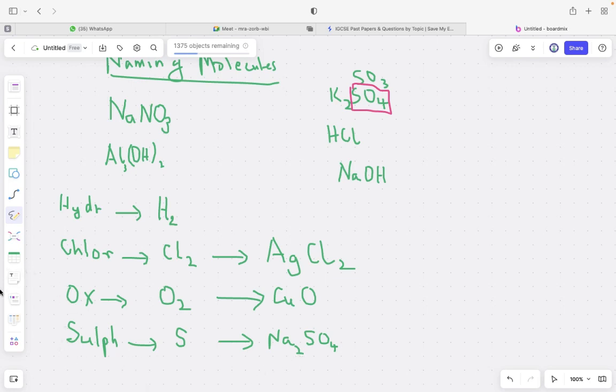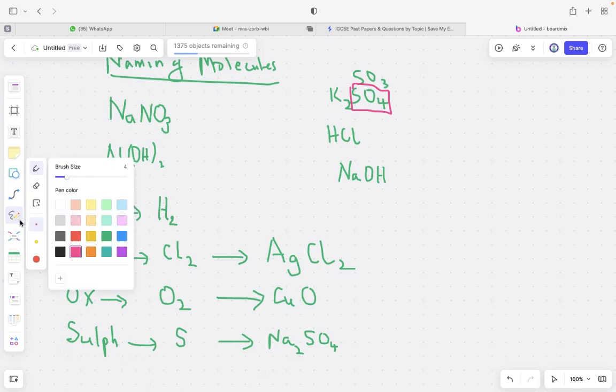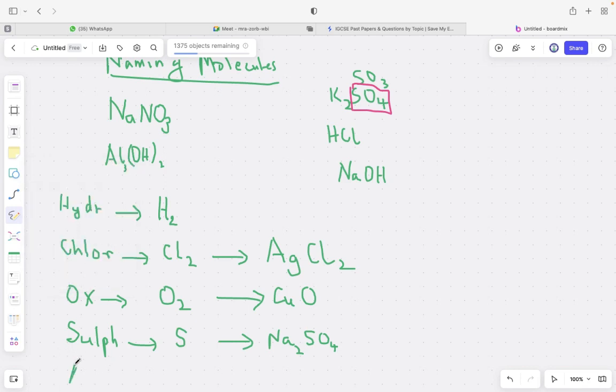Okay, now let's take a look at this one. What if there is acid? The compound contains hydrogen, for example, nitric acid, sulfuric acid. Once you see acid, it means the compound contains hydrogen.